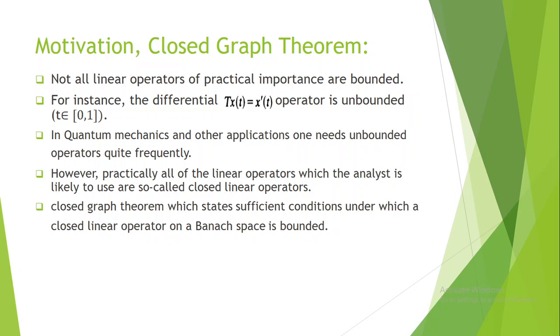Now we have some motivation about the closed graph theorem, that is, why we come here to the closed graph theorem. Generally, not all linear operators of practical importance are bounded. We saw in a previous example that the differential operator is unbounded on the closed interval [0, 1].